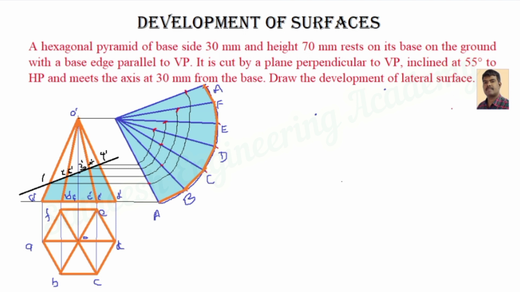Then you join all the cutting points in the development portion: 1 to 2, 2 to 3, 3 to 4, like that. You join all the portions by straight lines, because it is a pyramid, therefore straight edge lines join it.